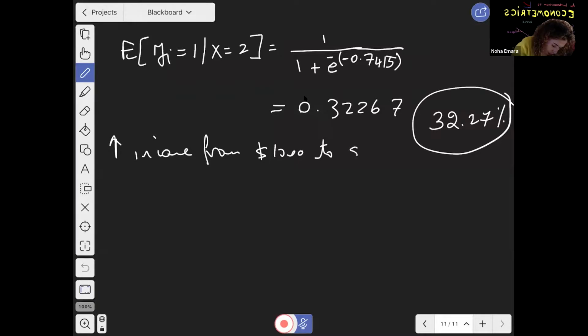Now, to answer the question, if the income increases from 1,000 to 2,000, how this would affect my probability of owning the house, you just subtract, let's write it in fractions, 0.3267 minus 0.3015.